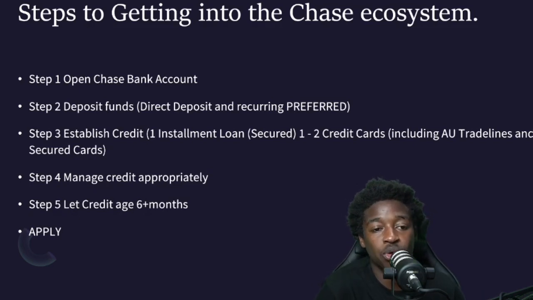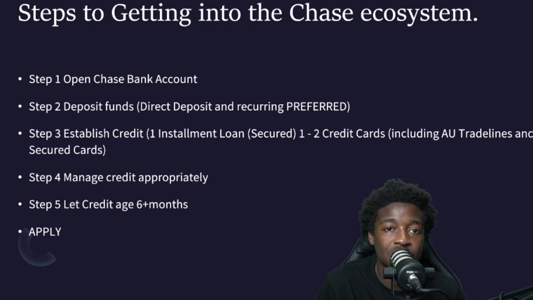But you don't really want to have more than two cards that are reporting that are less than 2 years old. Now, if you have older AUs, meaning you have authorized users that are 3, 4, 5 years old, you don't have to worry about this. But if you have young AUs that are less than 2 years old, they're still going to count towards your 5 cards.